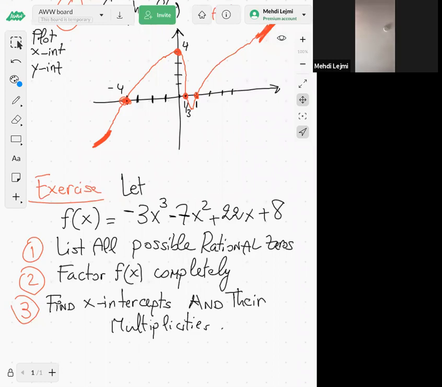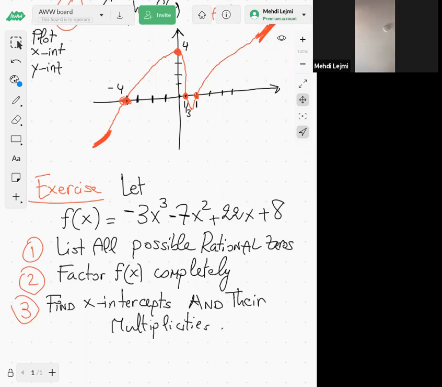So any guess for the x-intercepts? We talk about 2, 1/3, -1/3.